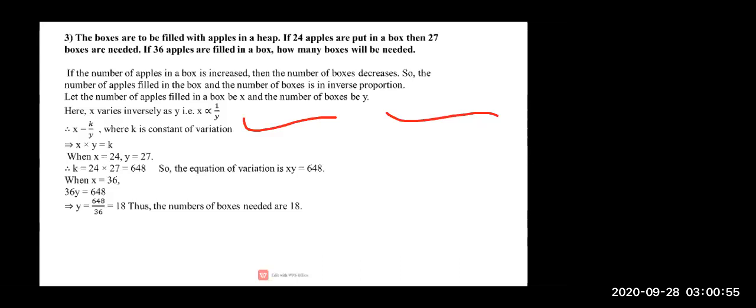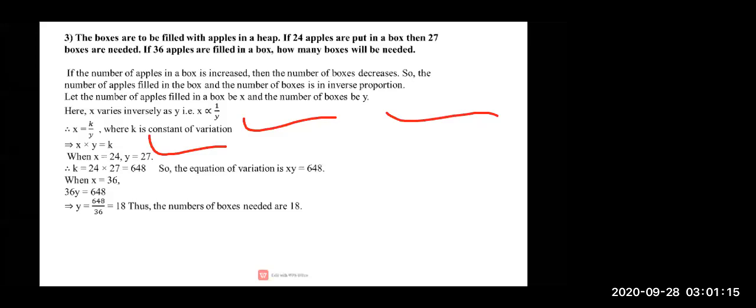When we multiply X into Y, we are getting our constant. Now first, in your first question it is given 24 apples were put in the box, then the boxes needed are 27.